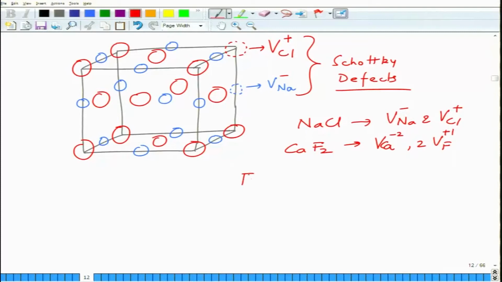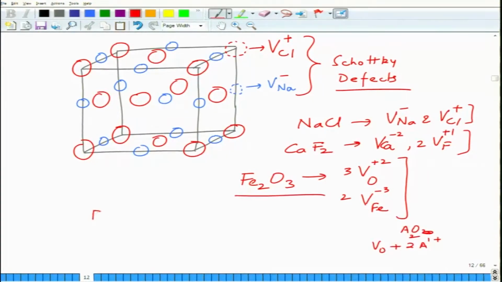If you have Fe2O3, you have 3 oxygen vacancies, which will give you plus 2, and 2 iron vacancies, which will be minus 3. The charge neutrality is to be maintained.